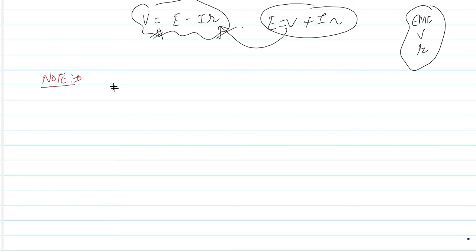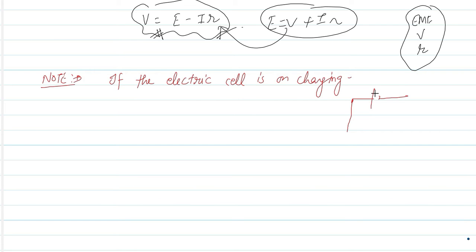That is, if we have a cell which is on charging, if the electric cell is on charging, then what happens? Then you can see that when we draw some current from the cell, the direction of flow of current is from positive to negative terminal of the cell outside the cell, right?